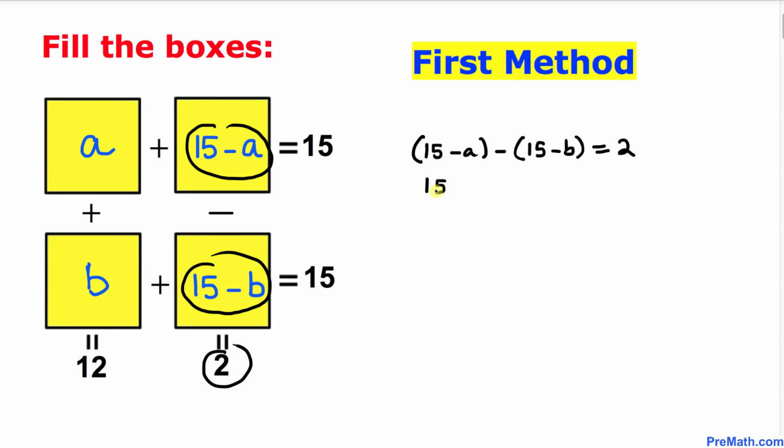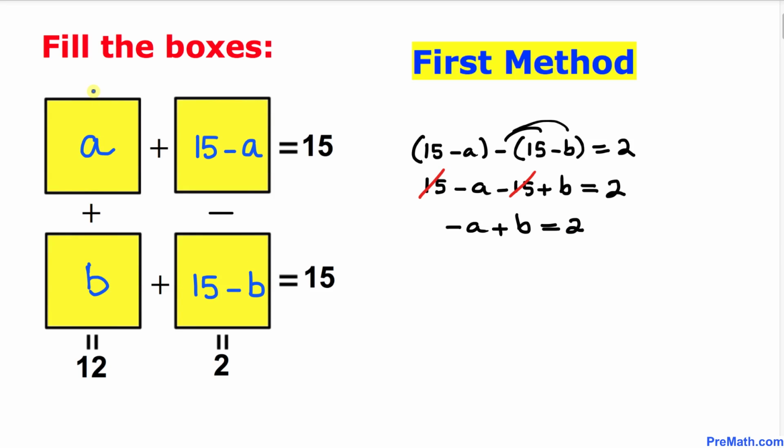So 15 minus A, and when we distribute, that is going to be negative 15 plus B equal to 2. And now we can see this positive and negative 15, they are gone. So we ended up with negative A plus B equal to simply 2.